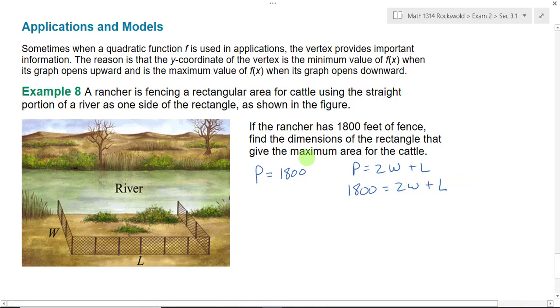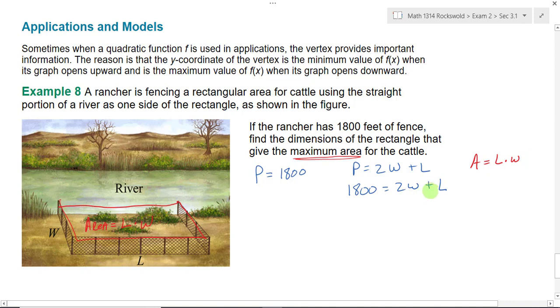We were asked to find the maximum area. If this is the region that I have fenced in, how do I find that maximum area? Length times width. The area is equal to length times width, and I want to maximize that area. Well, the problem is I've got 2 variables here, the length and the width.